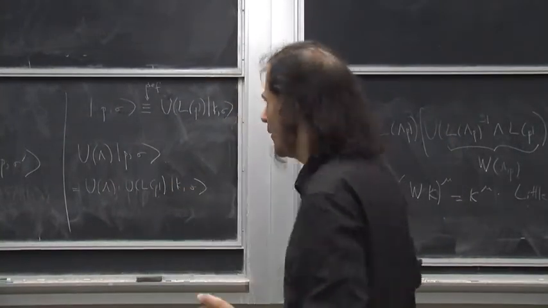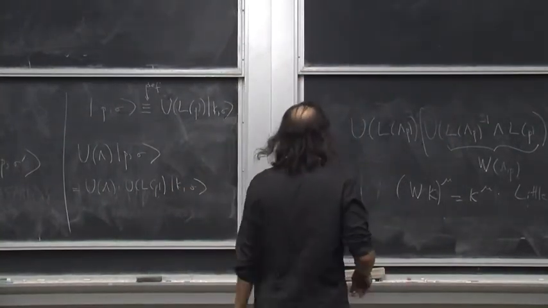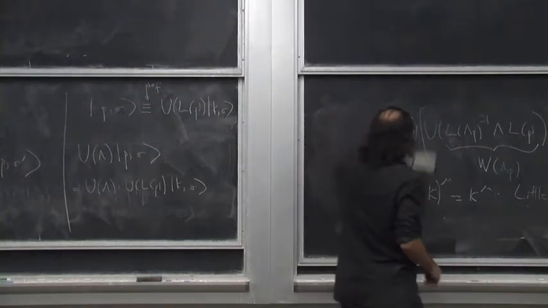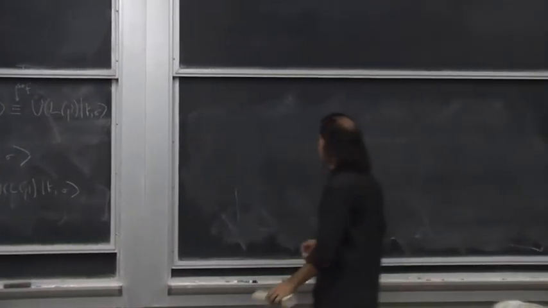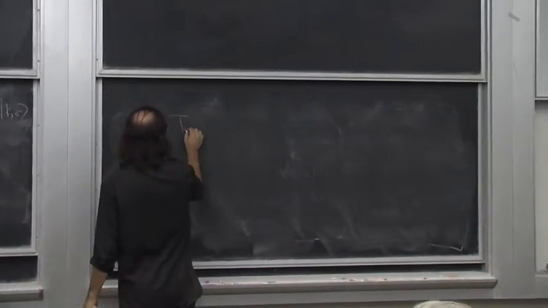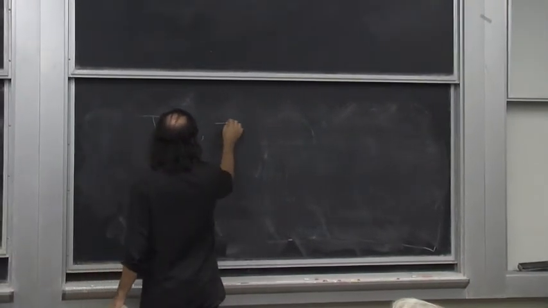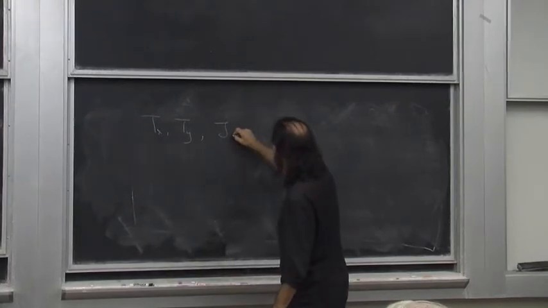So the little group for massless particles, if I'm in 3 dimensions, has 3 generators, Tx, Ty, and Jz, if the particle is moving in the z direction.